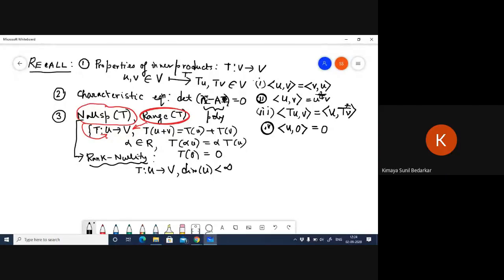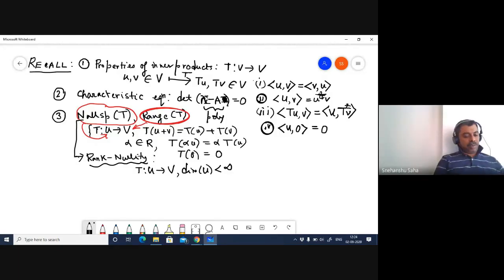Sir, just one more doubt. In the first point, how are the inner product and the linear transformation related, or are they not related? No, they are not. What I mean to say is that you can take the inner product of linear transformations as well, just like you can take the inner product of vectors, because T of U is nothing but an element.